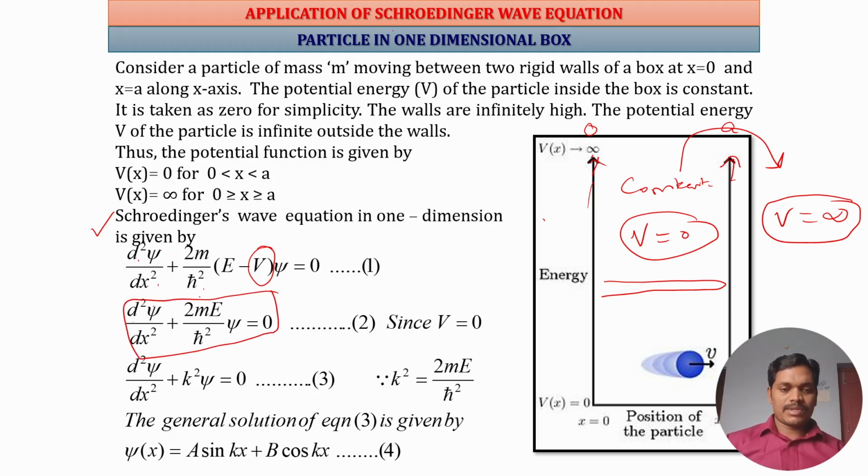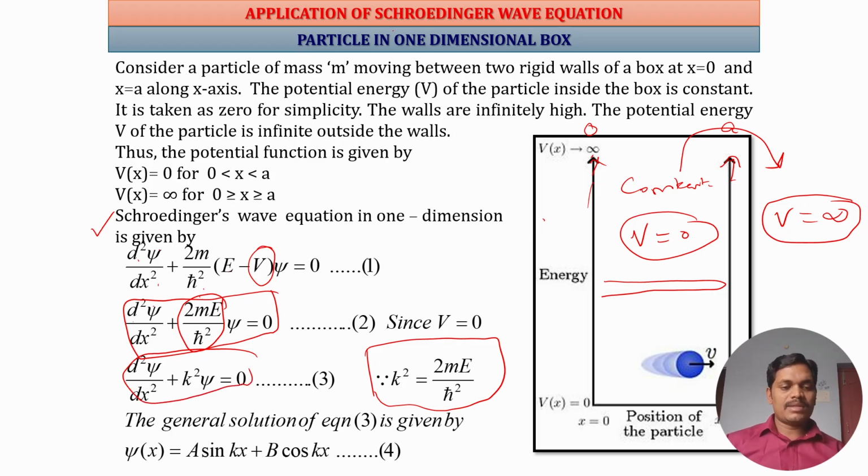In this equation, 2mE by h cross square, we can take it as a constant, k square. So instead of 2mE by h cross square, we can introduce a constant k square. So that equation 2 can be written as d square psi by dx square plus k square psi equal to 0.